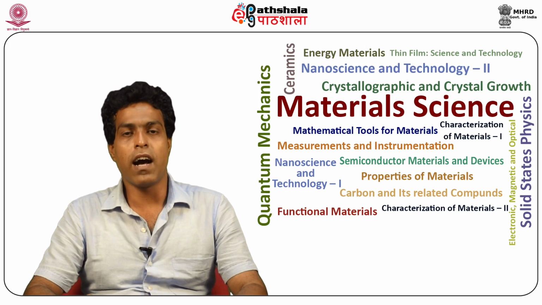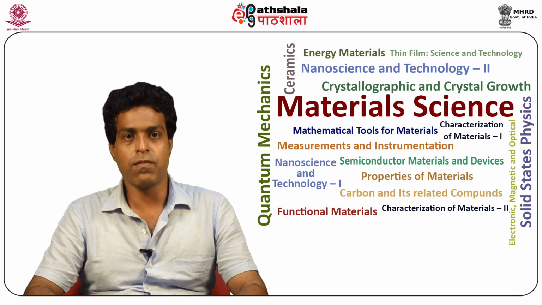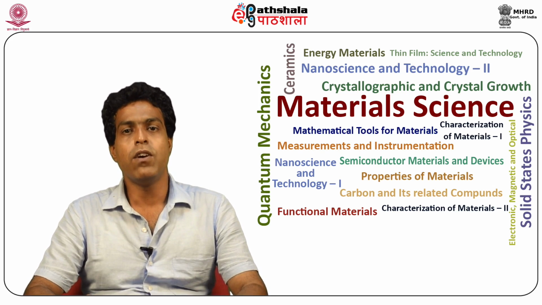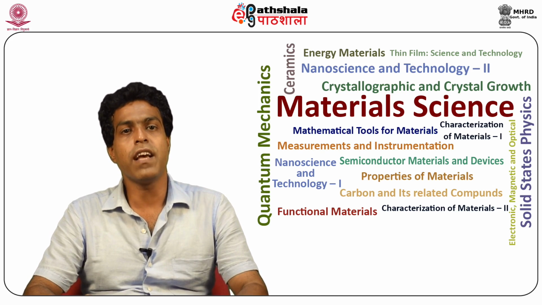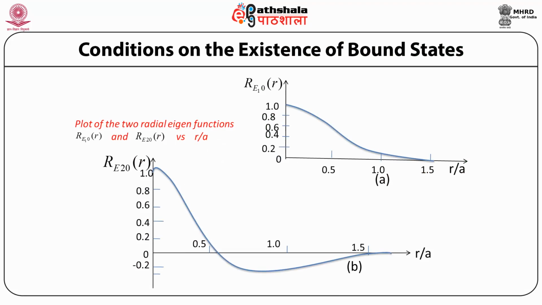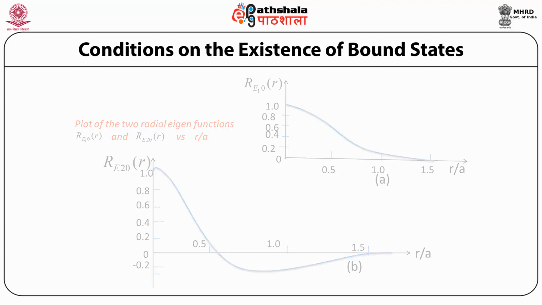The radial functions r R_l0 as a function of r are illustrated in figure 24.2 for a square well with gamma equal to 6, which can support two l equals 0 bound states. This slide shows plot of two radial eigenfunctions versus r by a. Both of them start from 1 and extend up to 1.5 approximately.